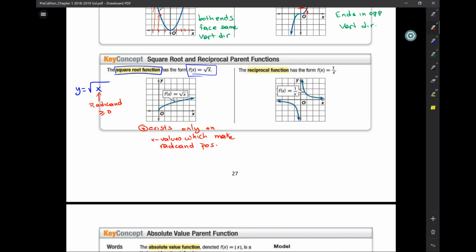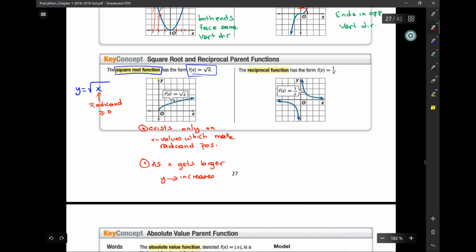But if it was shifted left or right, then that would change, right? Now, what else? What happens as x gets progressively larger? Y also increases.